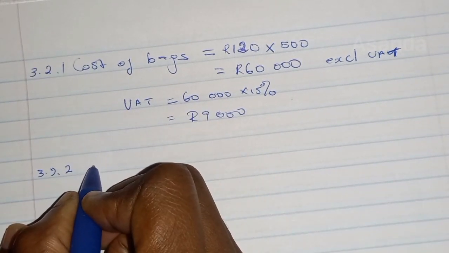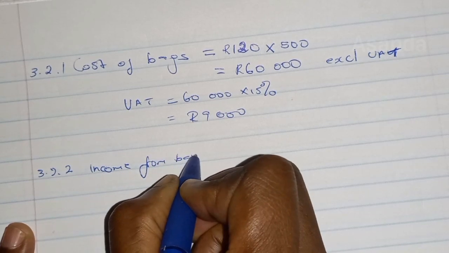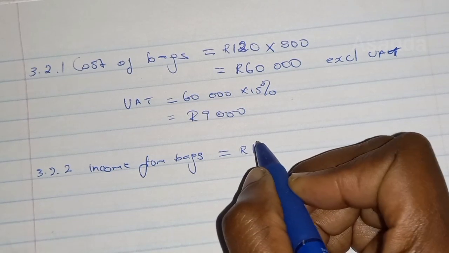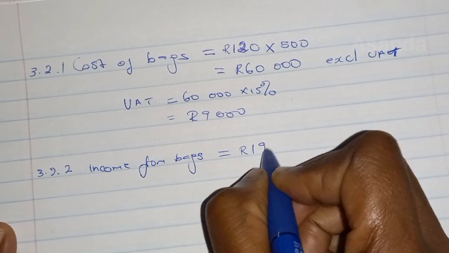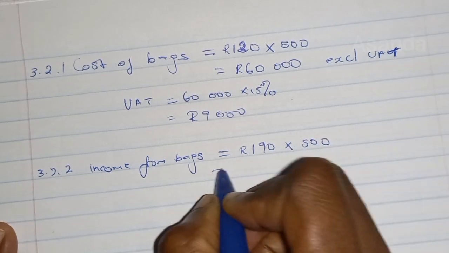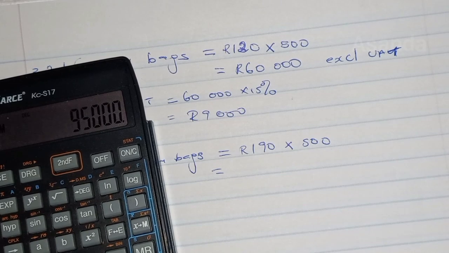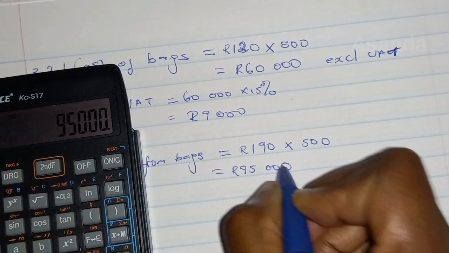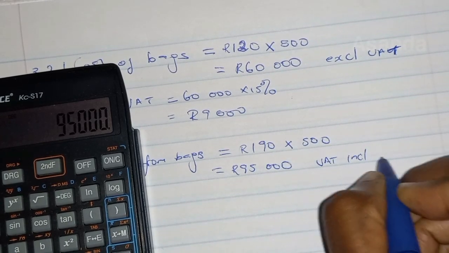So her income from the bags will be, she sells the bags for 190 times 500, and let's see how much she makes there. She makes 95,000 rand. So this is VAT inclusive, right?